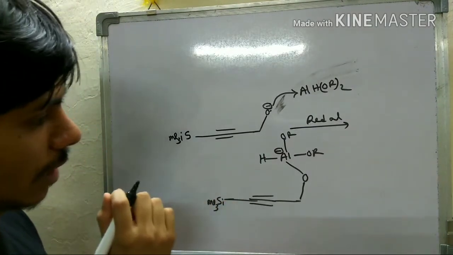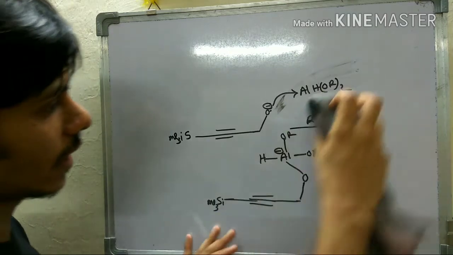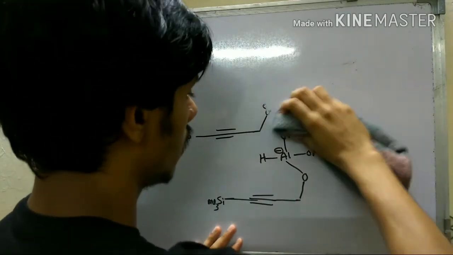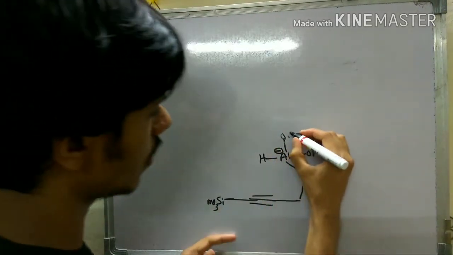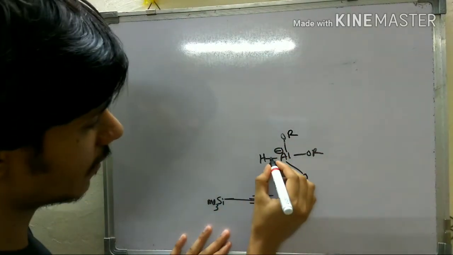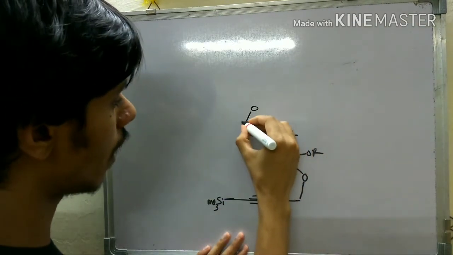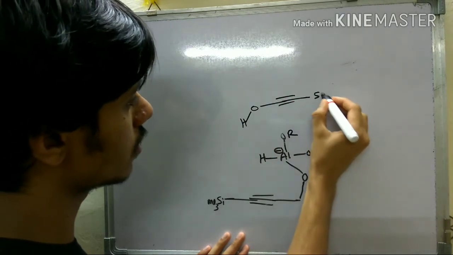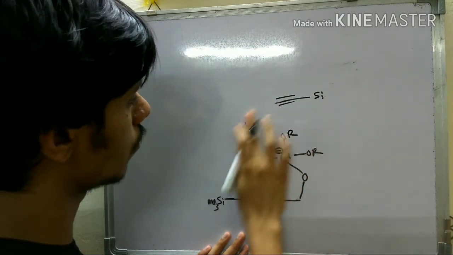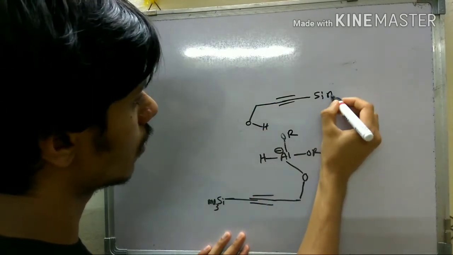Now next what will happen? This negative charge, this hydride, can take another hydrogen from another molecule present in the reaction medium. Let's say here you have one carbon like this, with SiMe3.